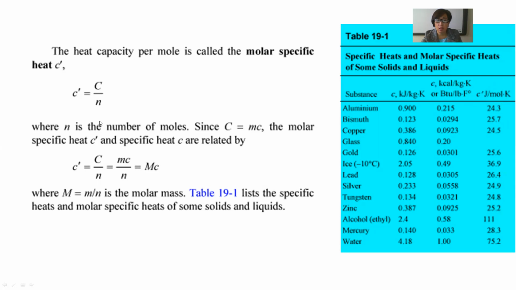Taking the heat capacity, replacing m c, the final formula: the molar mass, m divided by n, multiplied by the specific heat.